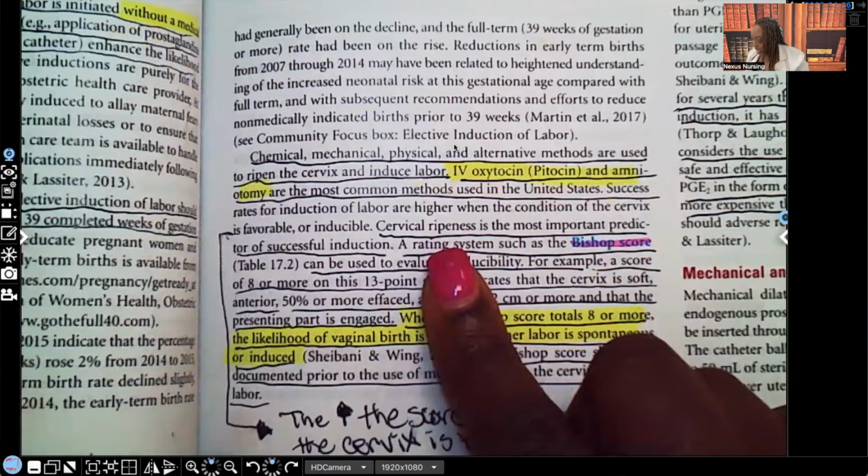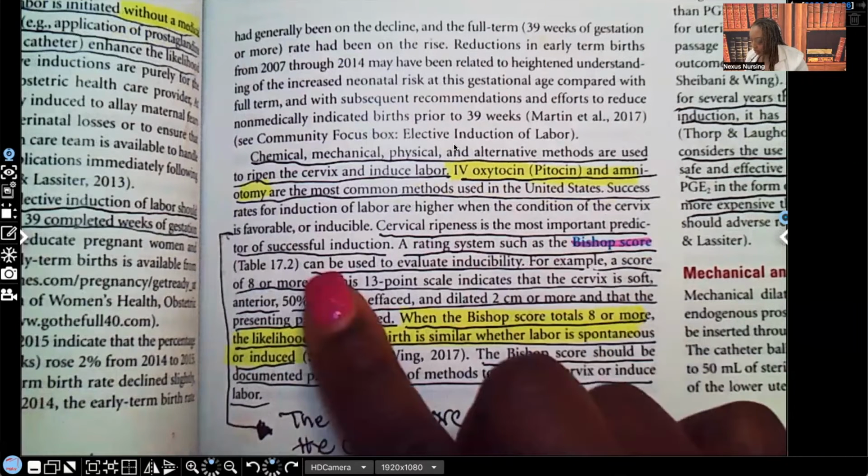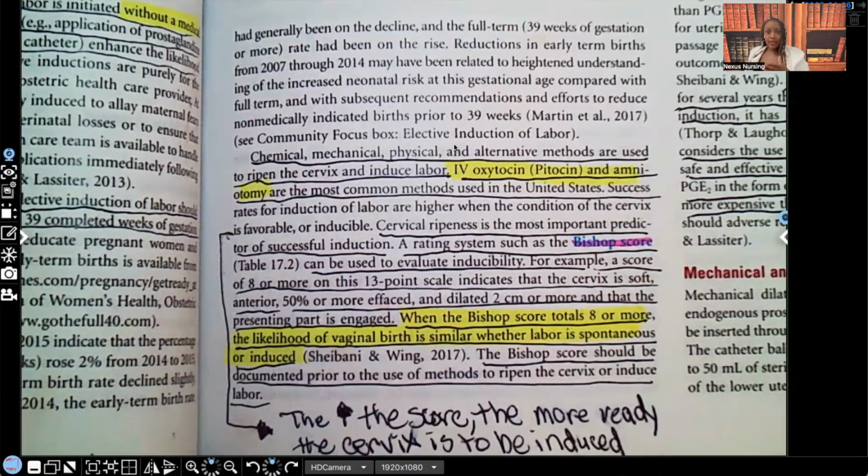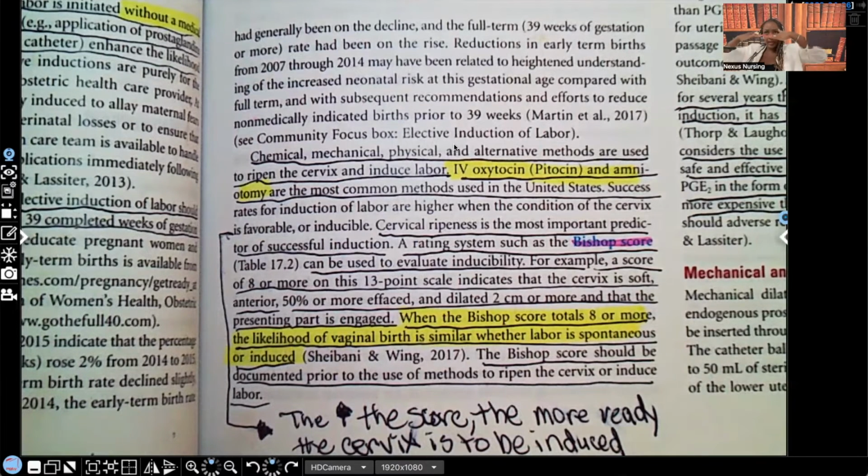Cervical rightness is the most important predictor of successful induction. We need to make sure that cervix is ready, because remember, the cervix has to what? Dilate, which means get wider, and it has to efface. When you see that word effacement, I want you to think of that cervix basically folding over itself. And I think this book has a nice picture. I'll show it to you. So it's very important that you know that cervix dilates, gets wider, and effaces, because when it effaces and it basically folds over itself, it gets thinner.